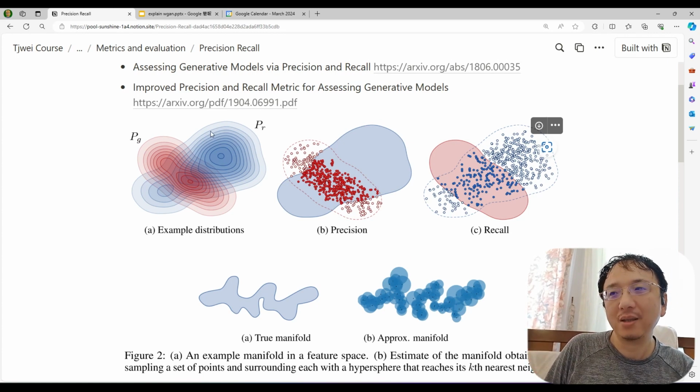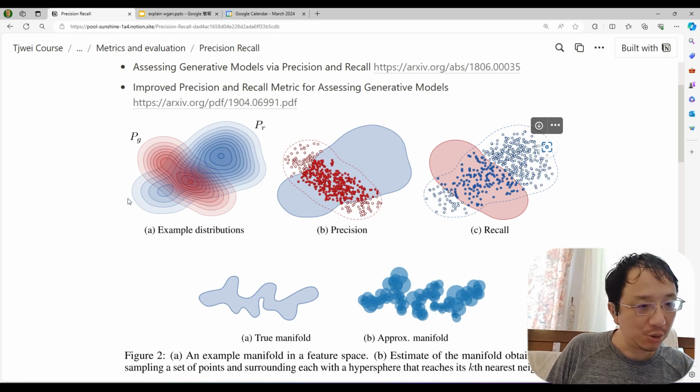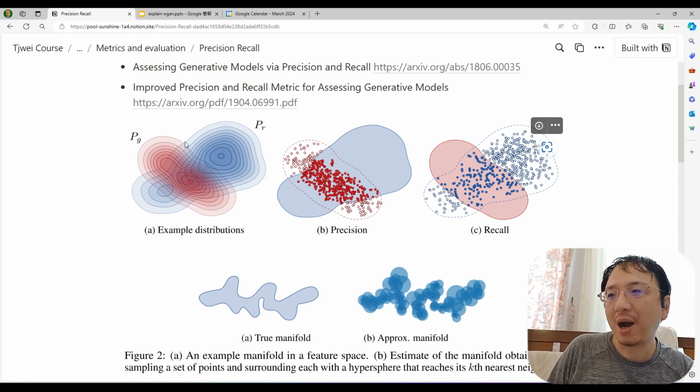Suppose we already have this manifold, then the computation of precision and recall is quite straightforward. For the precision, we're considering what percentage of the intersection of PR and PG is over all PG.